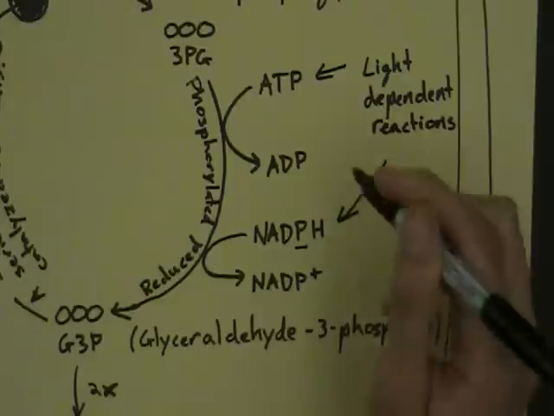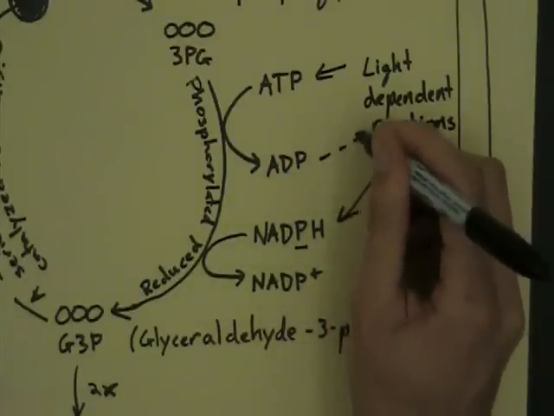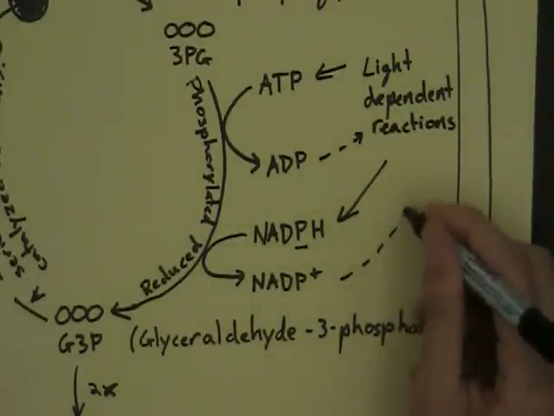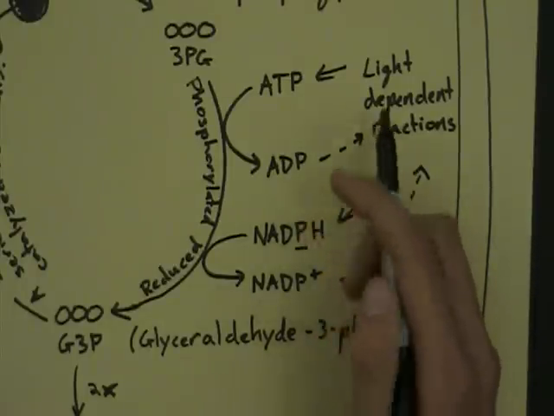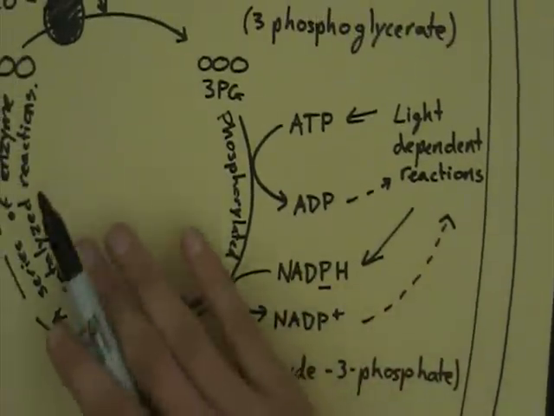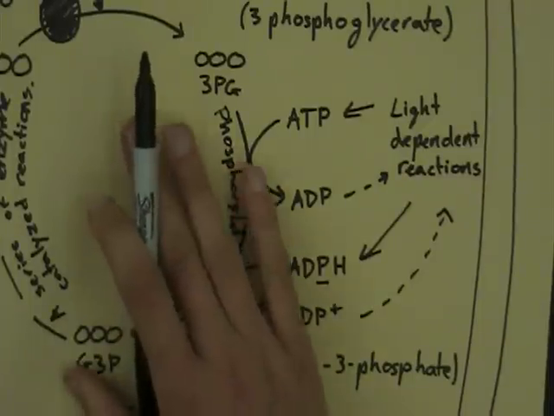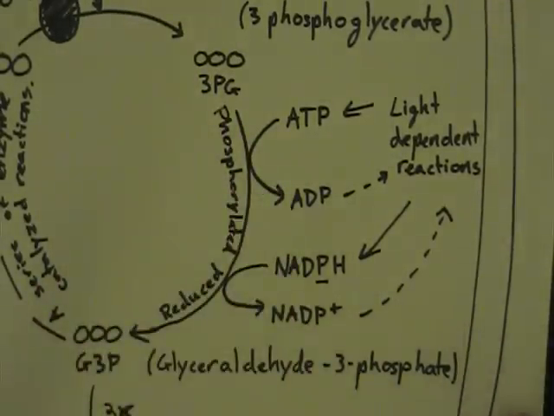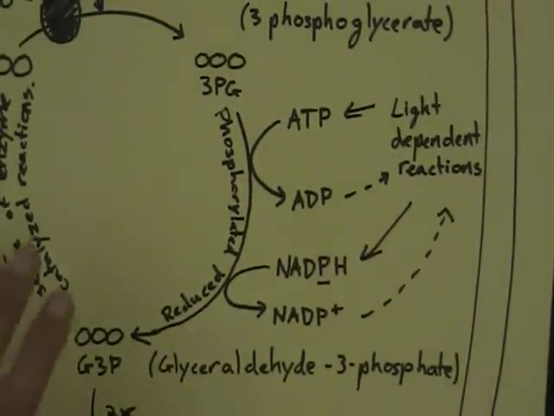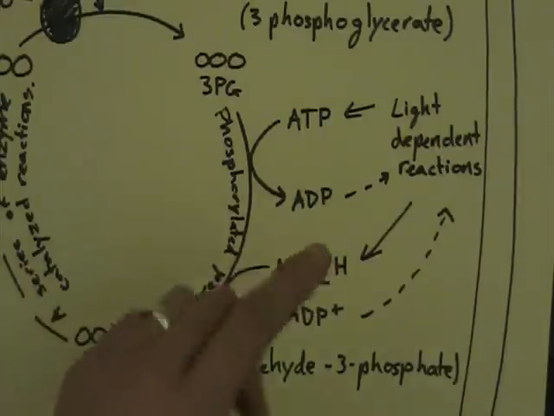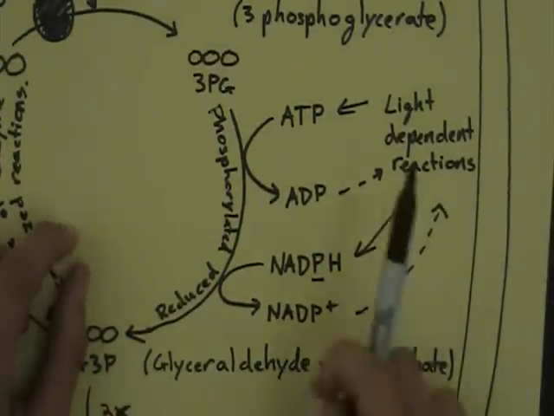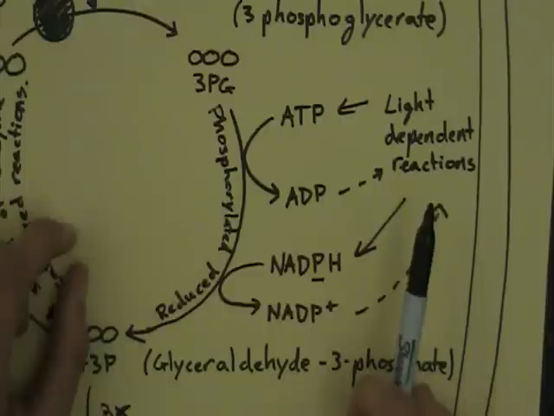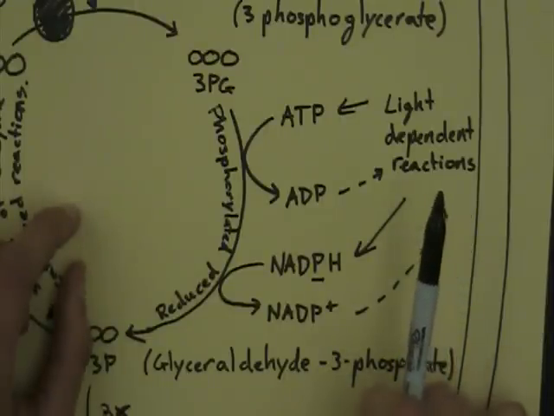Okay, and both will go back there in order to be regenerated. So really the light-dependent reactions are driving this cycle. This cycle is known as the light-independent reactions, or the dark reactions, or the Calvin cycle, because it's not directly reliant on the energy from sunlight. But that energy is coming from sunlight just via the steps of the light-dependent reactions.